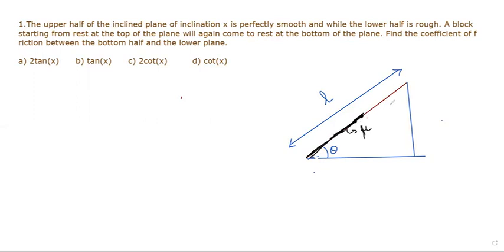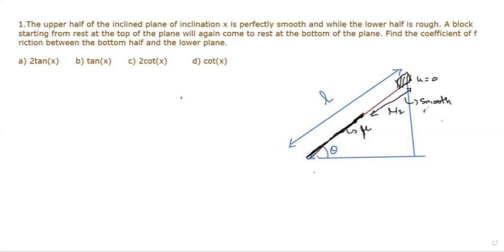Now let's see that there's a block over here on the top, and it starts sliding from rest. The initial velocity is 0, and it starts sliding. This half is L by 2, and this is the smooth surface.